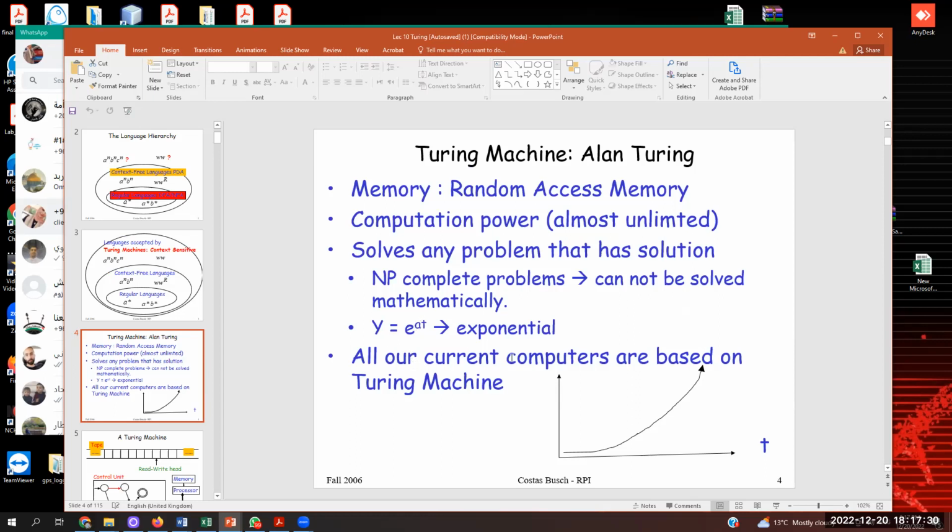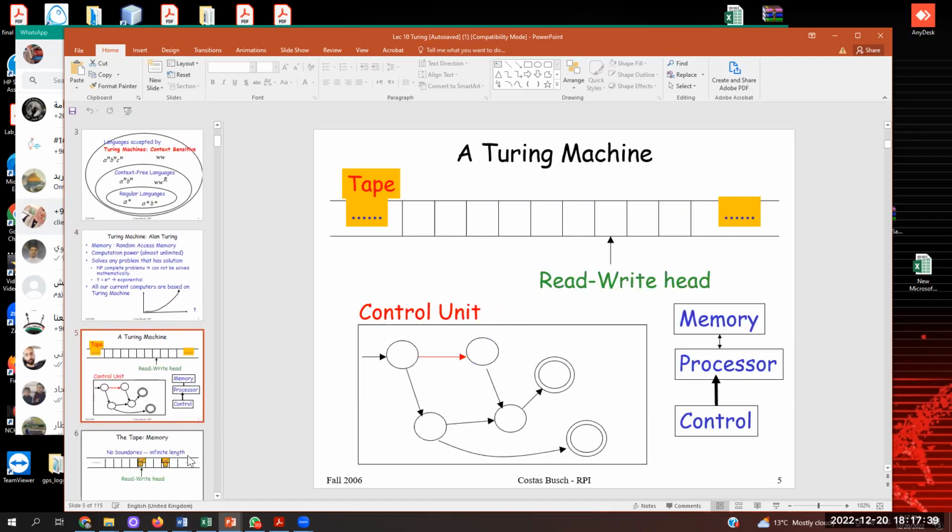And I always say that all our computers today are built on the Turing machine, on Alan Turing's machine. The way it works, we have an input. You get the A's, B's, 1, 2, 3, X, Y, Z, whatever you want. And we have a head here. That's read-write.